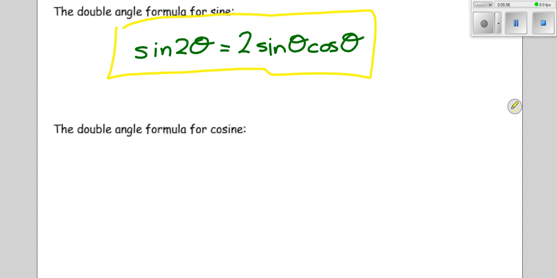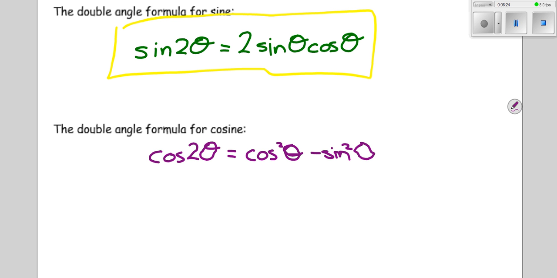Okay, so that was that one. And then the last one, as we worked out, was the double angle for cos. Cos 2 theta. Notice it's called double angle formulas because it's sine 2 theta or cos 2 theta. So they're special formulas. And so cos squared theta minus sine squared theta.